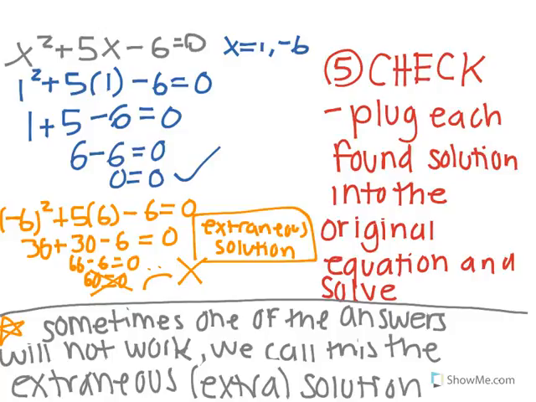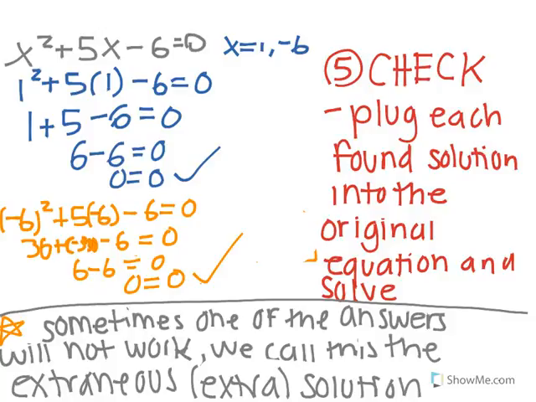Now let's move on to the -6 term. I just rewrote a little bit of the work, so now the work is correct. I have -6 squared equals 36, plus 5 times -6, that's -30, so 36 plus -30 is 6, and I subtract 6, which is equal to 0, so it's good.